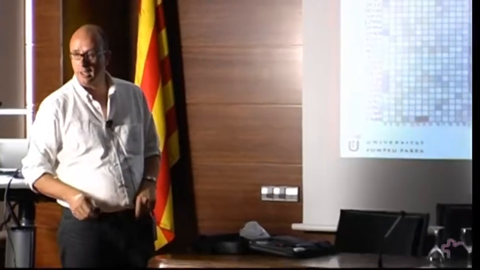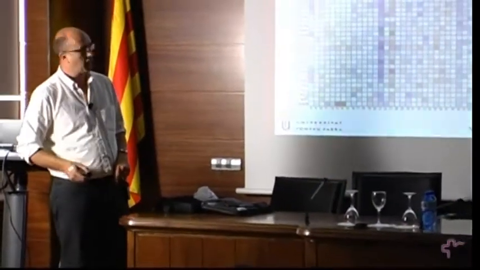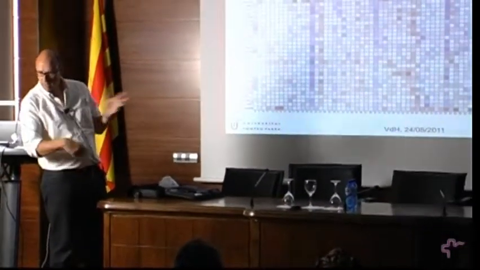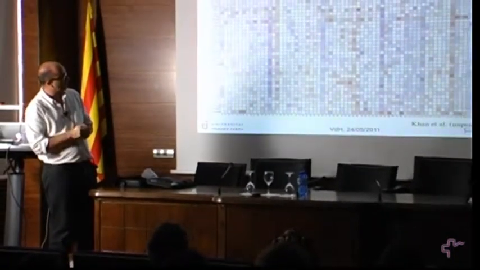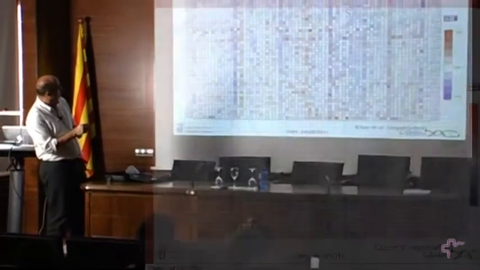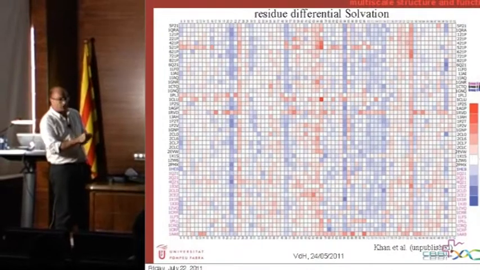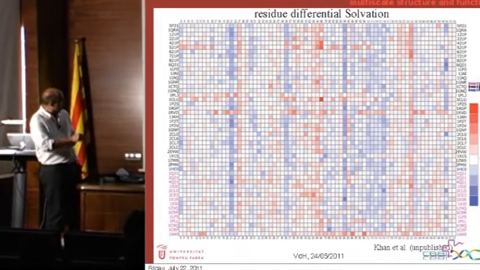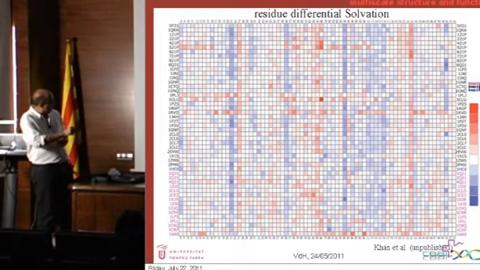Okay, so with this hypothesis in mind, we can analyze our structures. For example, this is analyzing the same set of RAS proteins that we had before. Even if it's a little messy, this is the sequence of the protein, or at least the most important residues, and you see that there are some patterns. All these guys are the same color, all these other guys are the same color.